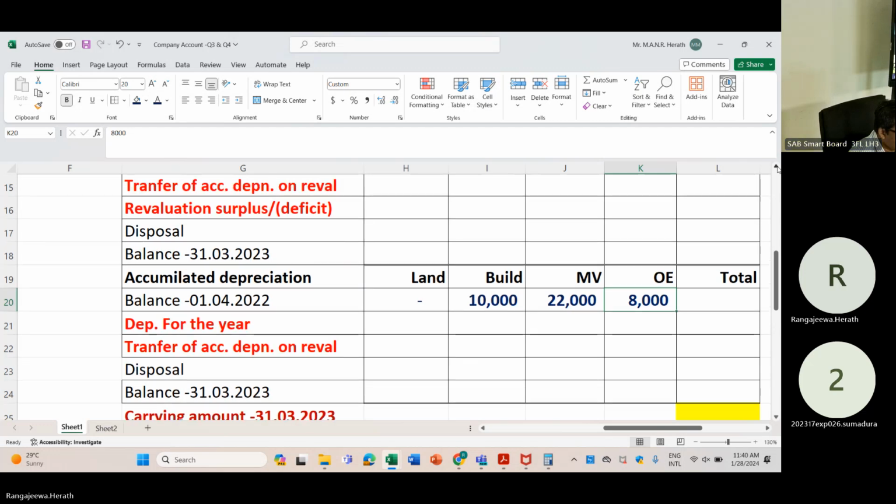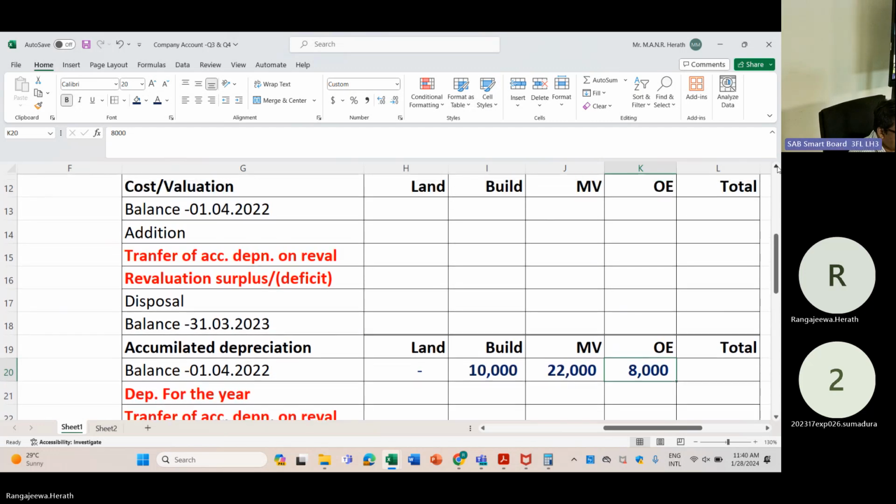For the building, the balance is 180,000, which was revalued last year, but no addition or disposal to the building during the year. So the beginning of the year balance of the building should be 180.